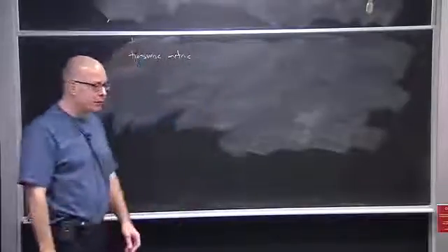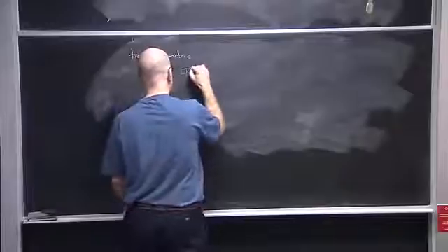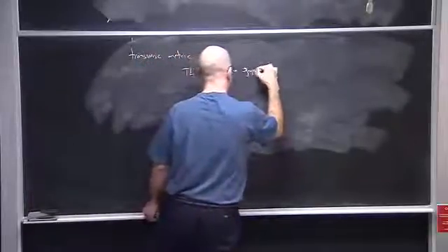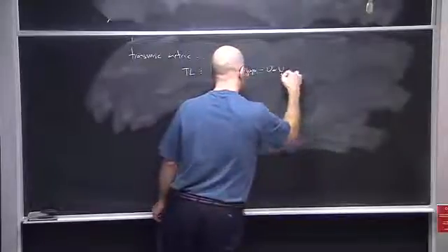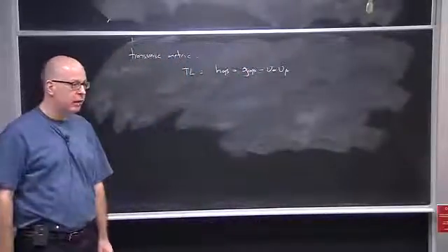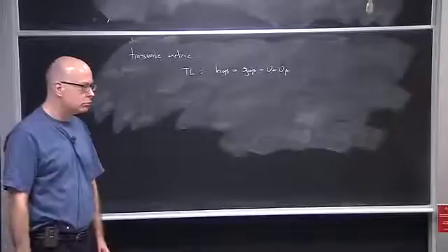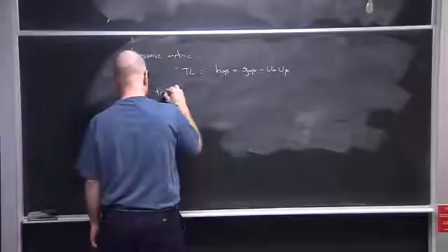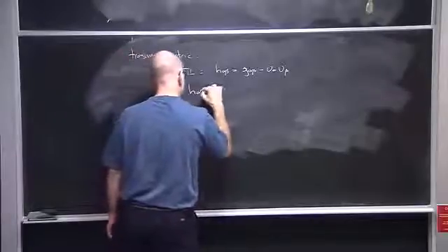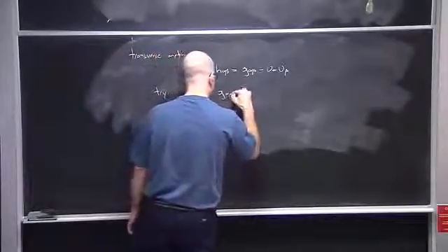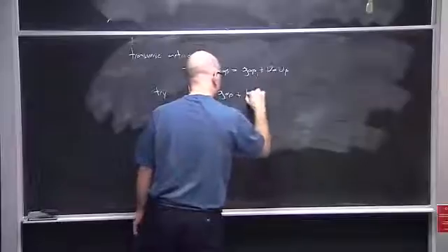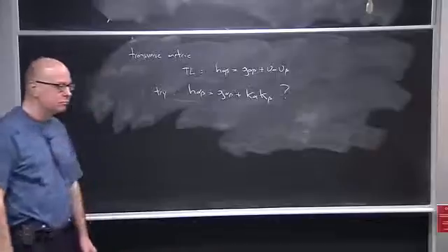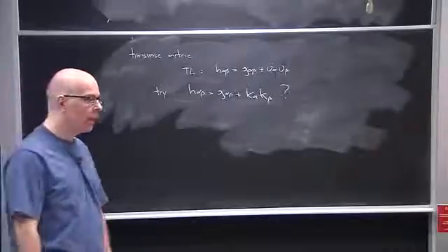Well, in the time-like case, it was easy. In the time-like case, we just said it's got to be this. And that had the property of being orthogonal to u. So let's try that. Is it orthogonal to k?